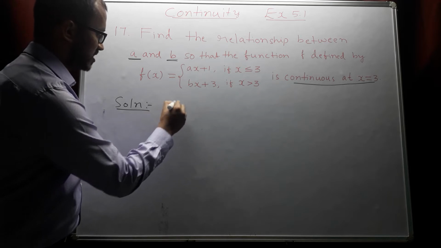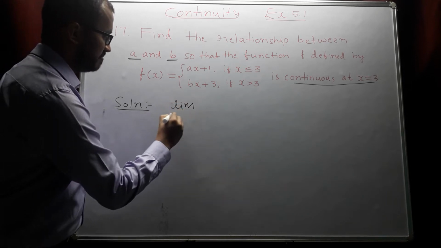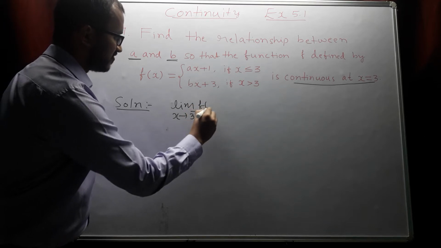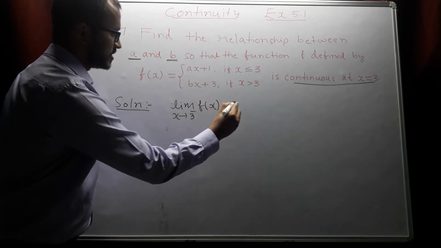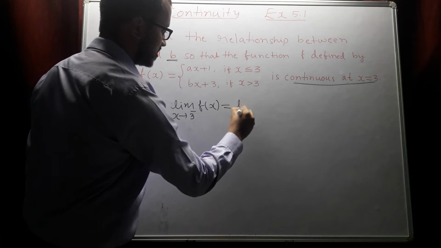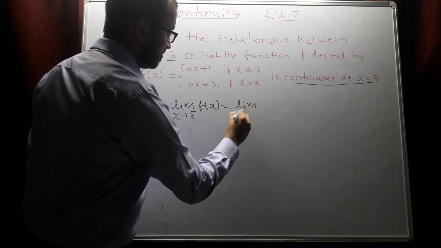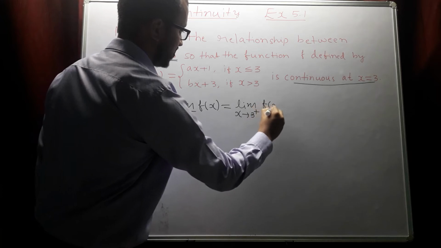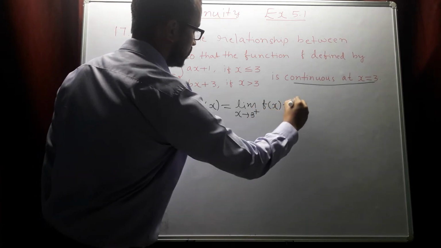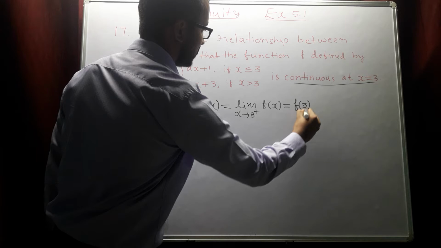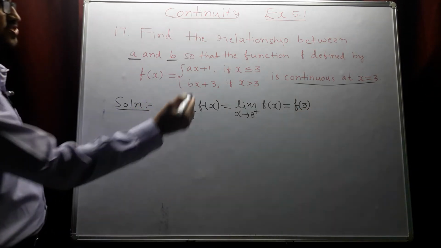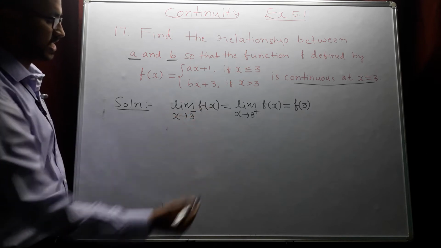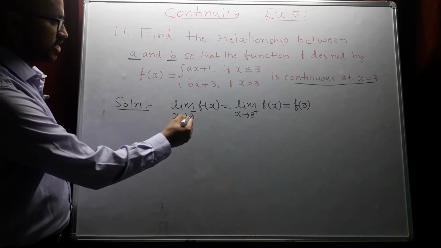So left hand limit, limit x tends to 3 minus f of x, is equal to right hand limit, limit x tends to 3 plus f of x, that is equal to f of 3. So all these should be the same. Then we can say that the function is continuous at the point 3.